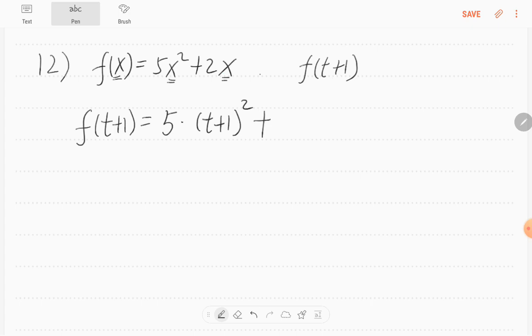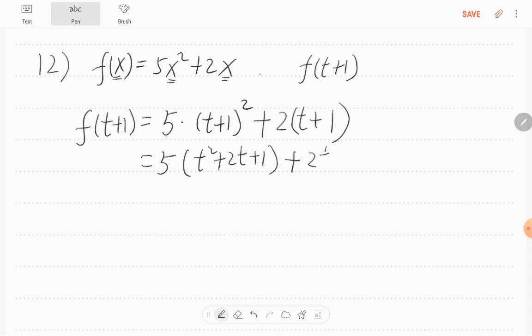So you replace x with t plus 1, so it's 2 times (t plus 1). We have the parentheses. Now let's simplify it. It's 5 times (t plus 1) squared. You can multiply out, which gives t squared plus 2t plus 1, plus 2t plus 2.